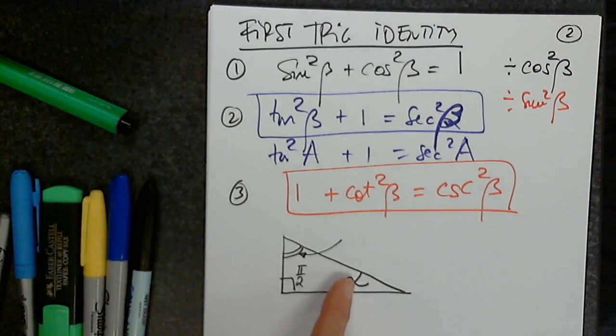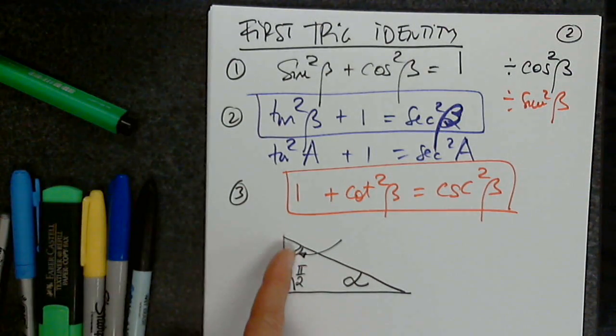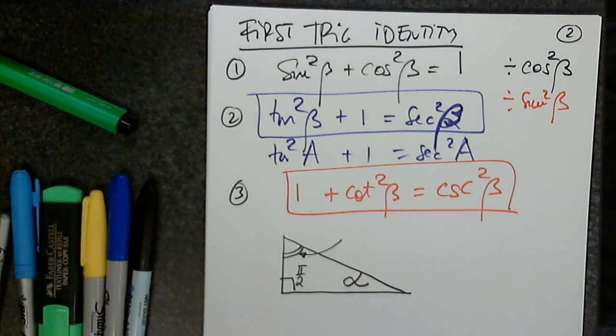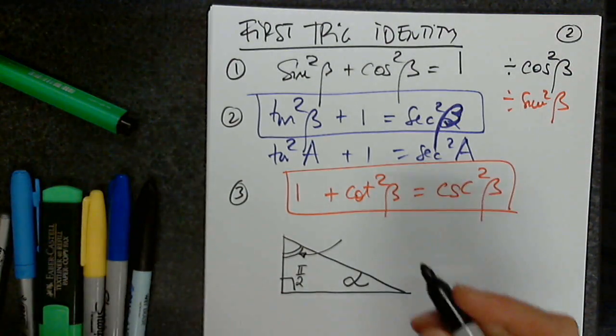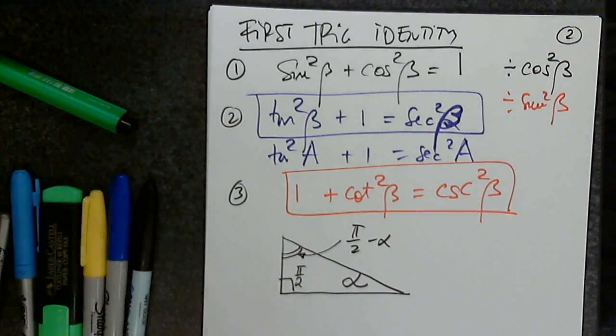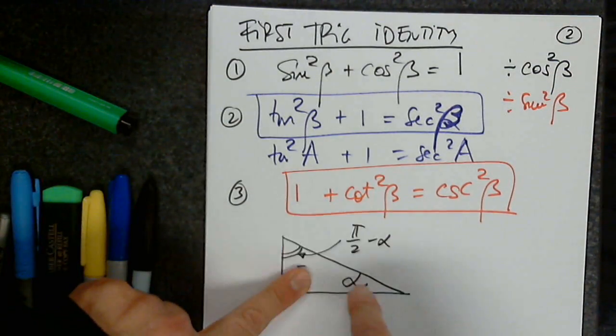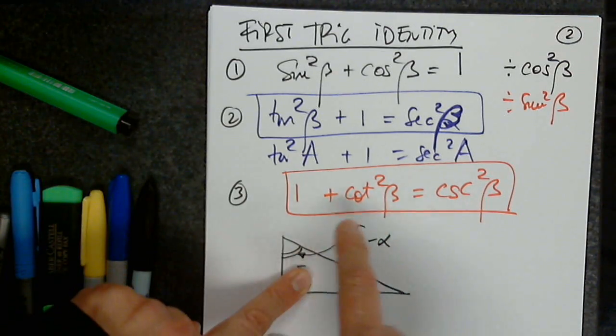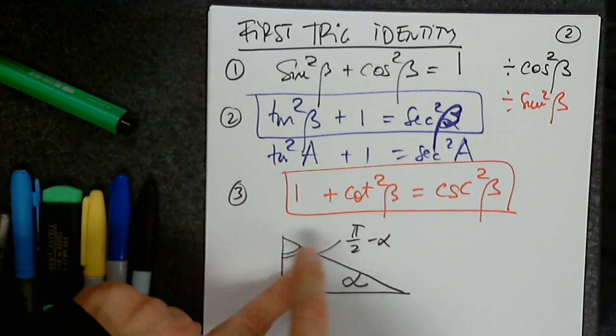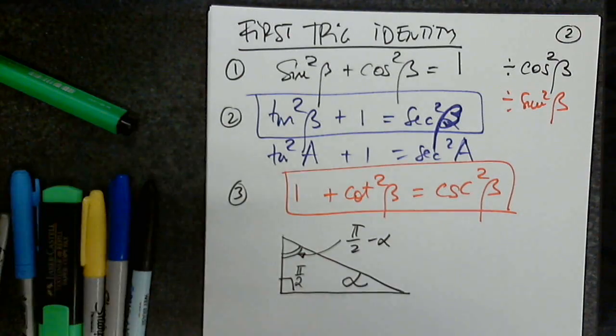If this plus this is pi over 2, then this must be pi over 2 minus alpha, indeed. You agree? Right? So if this is pi over 2, the sum of these two has to be pi. When you add pi over 2 minus alpha to alpha, you get another pi over 2. Would you agree? Okay, very good.